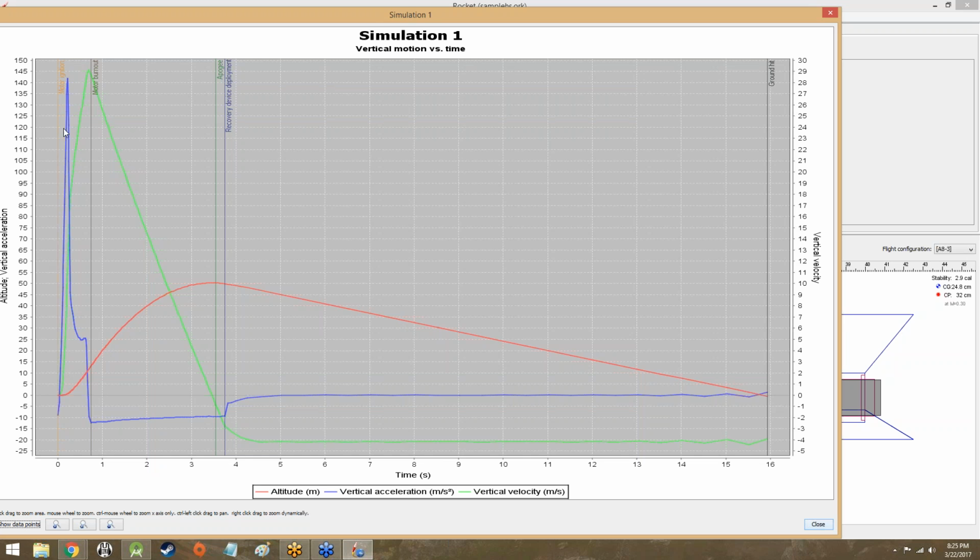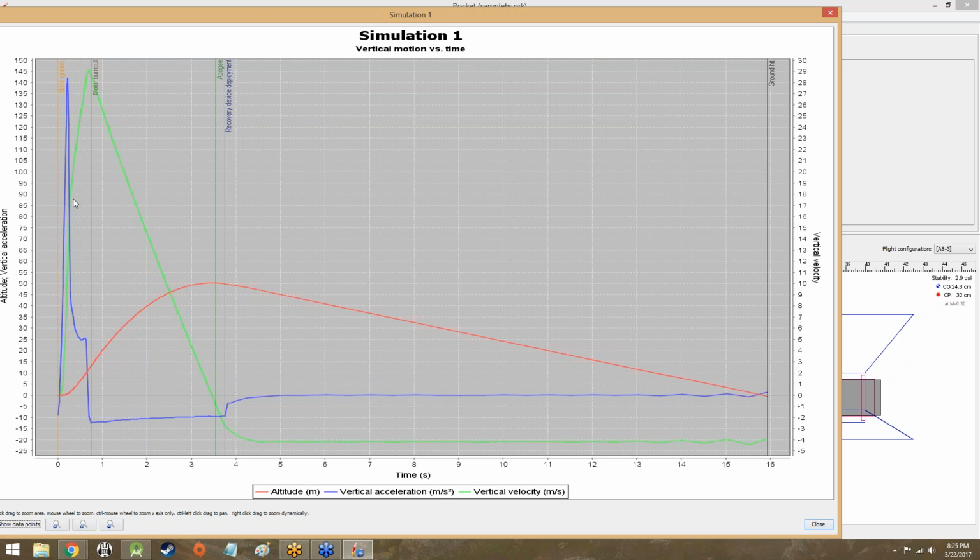Part of the reason why it looks like less of just a vertical line than it does is because of the amount of data points that the graph grabs. But this is about where the rocket's going to spend most of its time under acceleration. The acceleration that the rocket is going to spend most of its time under, I should say.